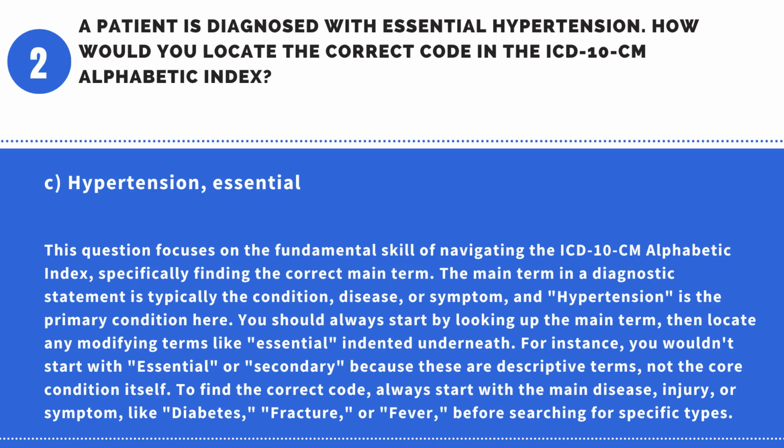You should always start by looking up the main term, then locate any modifying terms like essential indented underneath. For instance, you wouldn't start with essential or secondary because these are descriptive terms, not the core condition itself. To find the correct code, always start with the main disease, injury, or symptom, like diabetes, fracture, or fever, before searching for specific types.